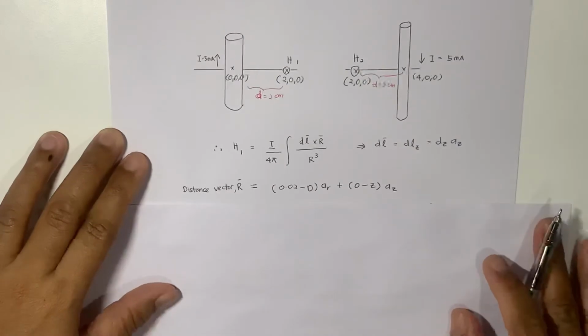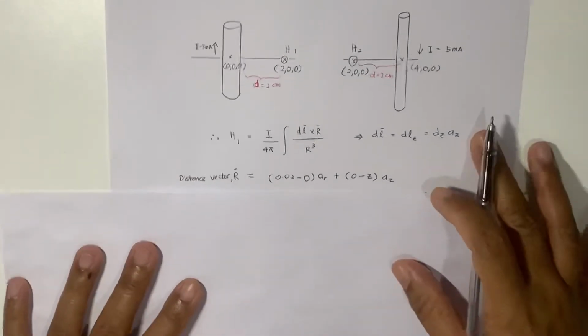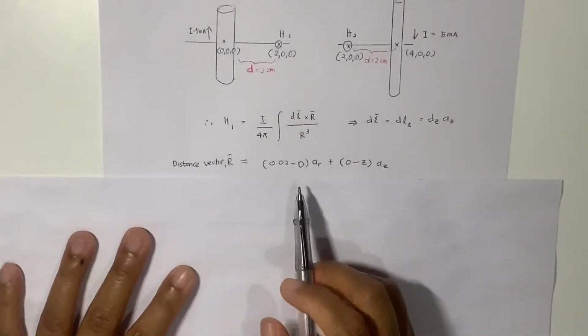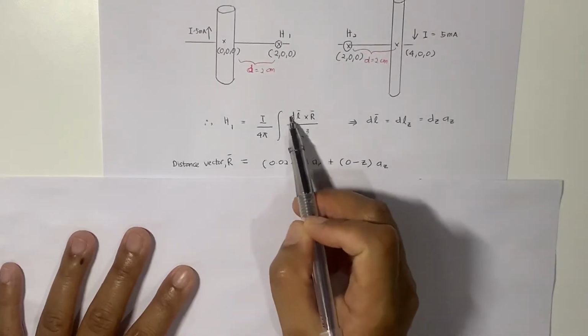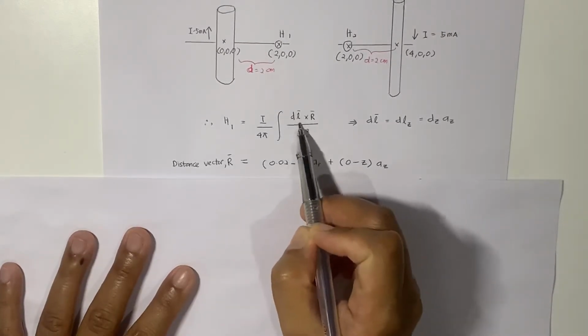So next we need to find the distance vector r, since we already know that dl is actually dz.